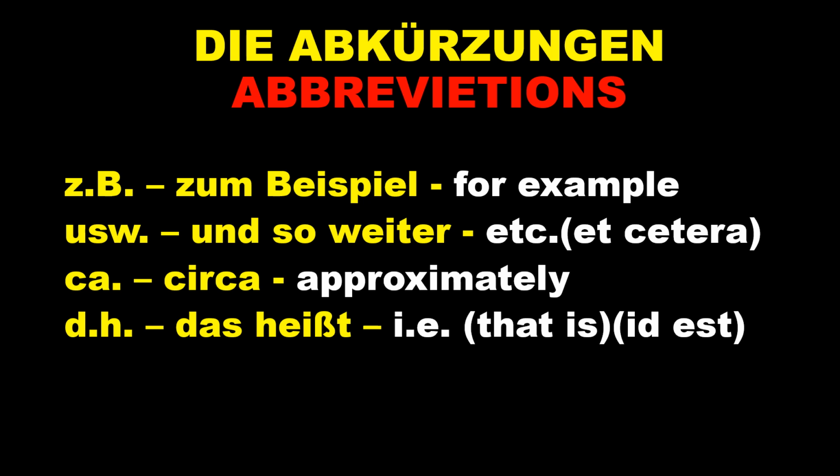That is how we pronounce it. So, das heißt, DH; circa, CA; und so weiter, USW; zum Beispiel, ZB. These are a few short forms, very frequently used. Let's go ahead.